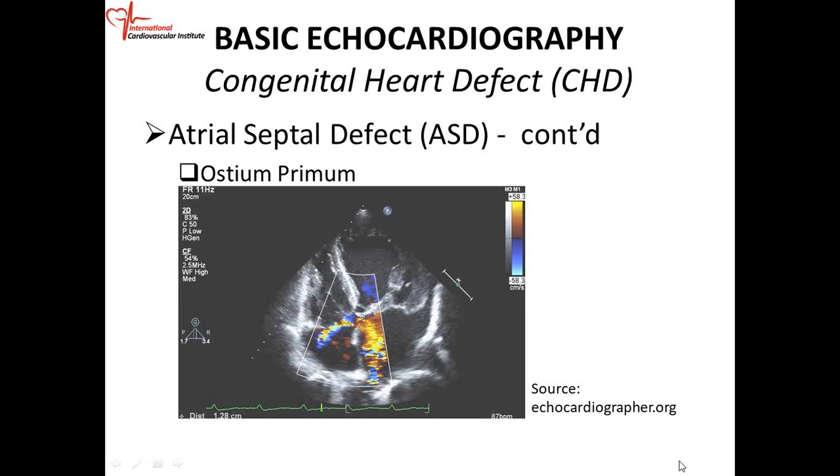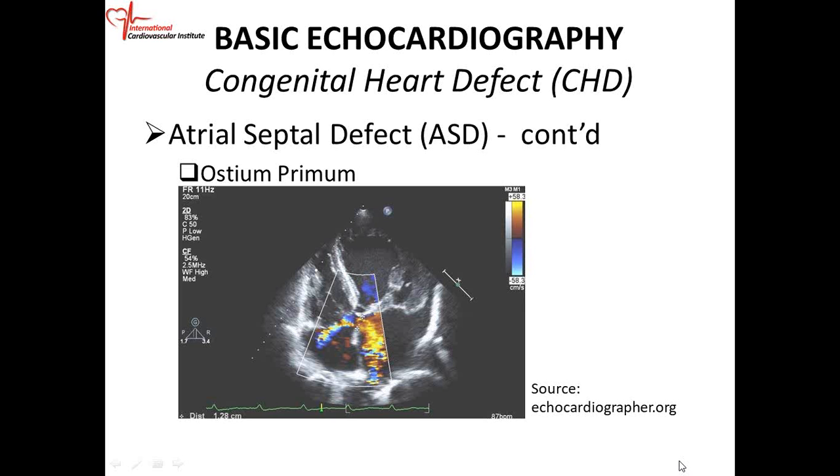So what we're going to do is look at the definition of the different types of congenital heart defects. We're going to attempt a classification, even though it's probably not complete.